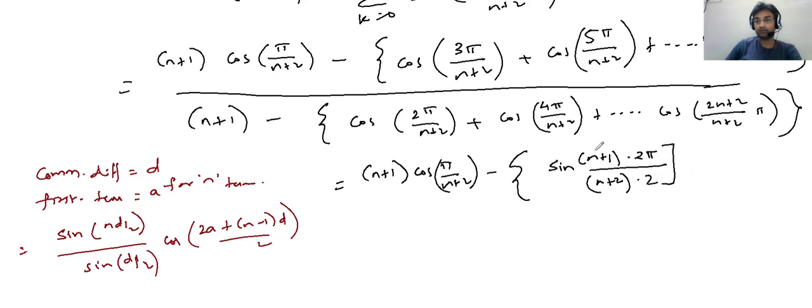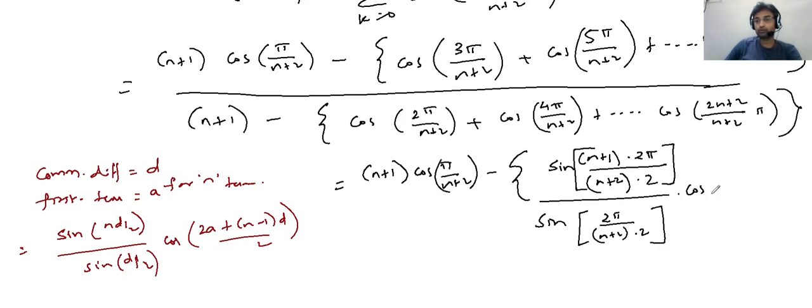This whole thing, right? Whole divided by sine of d by 2, that is again your d is your common difference, 2 pi divided by n plus 2 by 2 multiplied by cosine of first term is 3 pi, last term is 2n pi plus 3 pi. So basically 2n pi plus 6 pi.